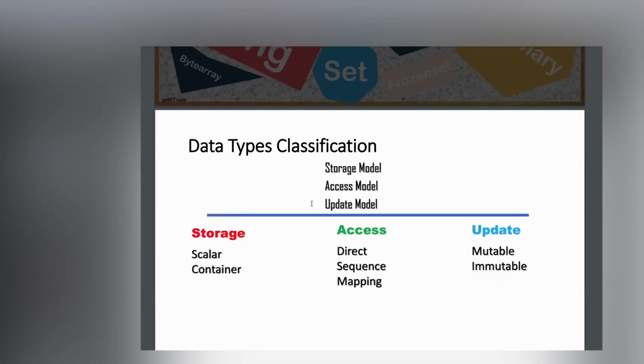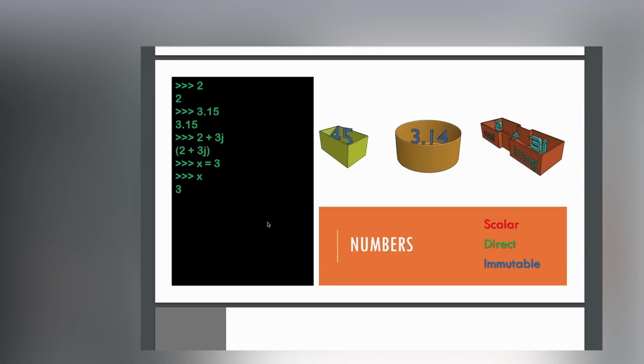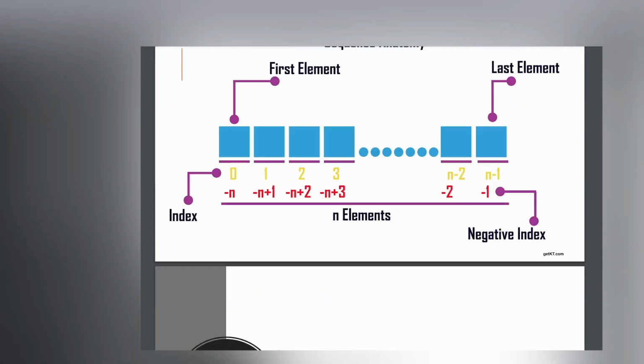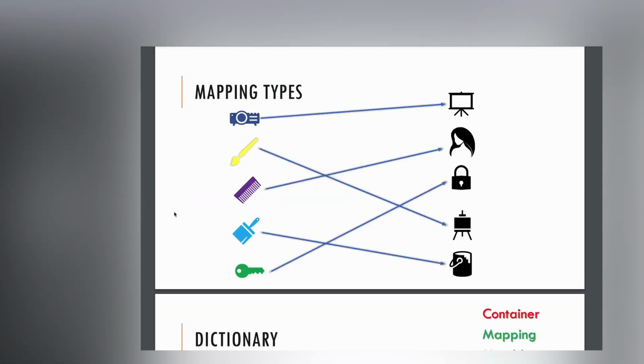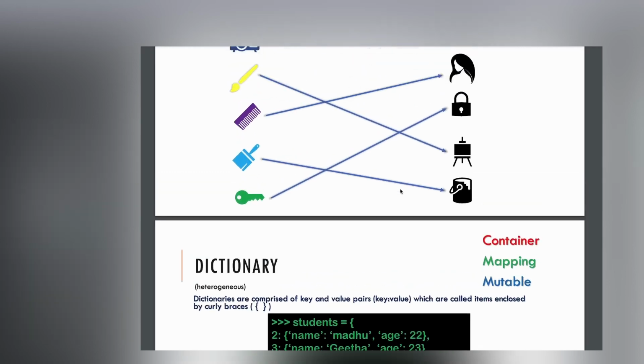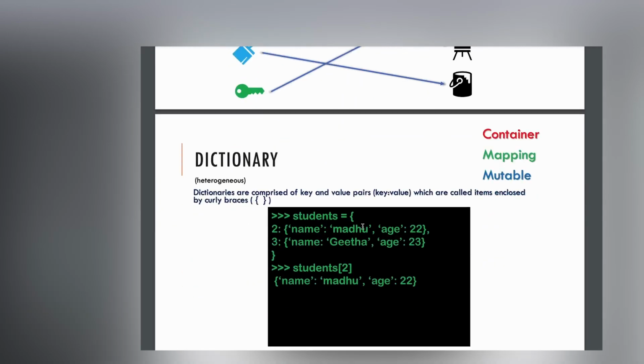What type is actually a mapping type? You see here, a dictionary is a mapping type. How do you define this? Using curly braces.